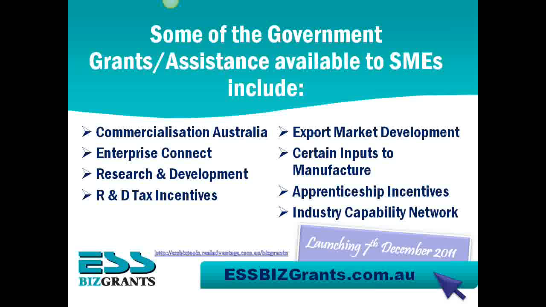If they're within the remote location and they have a turnover of over $750,000 per annum, irrespective of what type of corporate structure they have, they are potentially eligible for a grant under Enterprise Connect to help with a whole range of activities, from reorganising their financial record keeping, new computer software development, business plans, market research, human resources systems, risk management analysis, reorganising their factory layout, whole range of services.